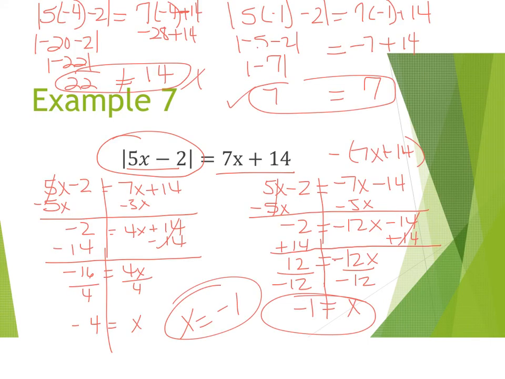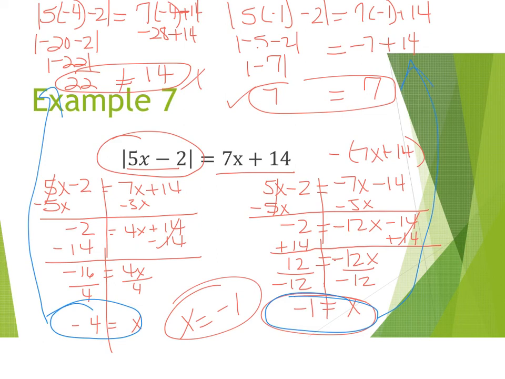Alright, so here's this problem solved. When I solved it with the first time, the first answer I got was x equals negative 4, and the second answer I got was x equals negative 1. But when I went back and plugged both of them in, when I plugged in negative 4, I got 22 on one side and 14 on the other.